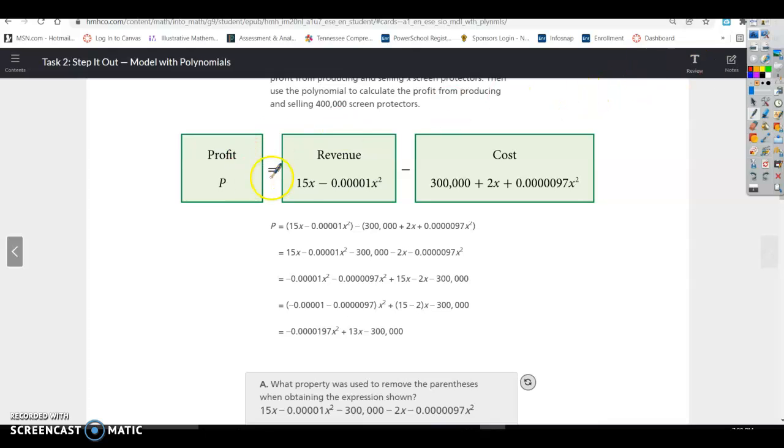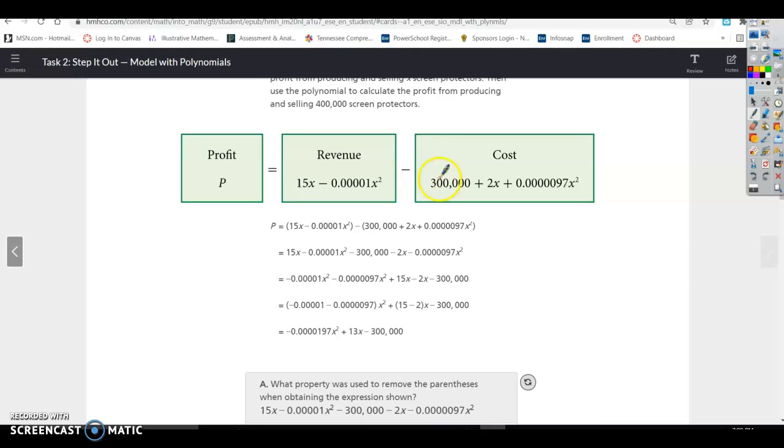So you've got the revenue minus the cost. Remember, this would be in parentheses because this negative is subtracting all the cost. You have to subtract all the cost in order to get that. So think about that. Even though it doesn't show up in parentheses, we talked about what the parentheses means earlier.